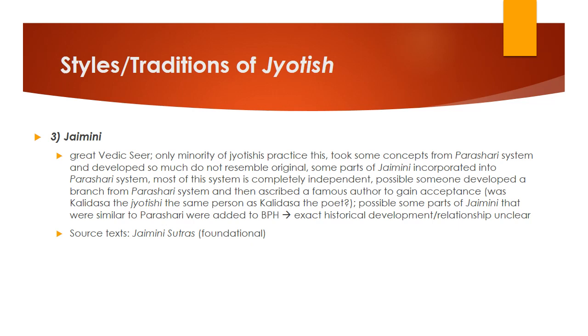When the book written by Kalidasa was written, there was a famous Jyotishi Kalidasa, and there was also a famous poet named Kalidasa. And so it's not clear whether the person who wrote the book is the Jyotishi, or the Jyotishi is actually also the poet. So some people, I guess, know about this stuff or are working on the history of all this and the development.